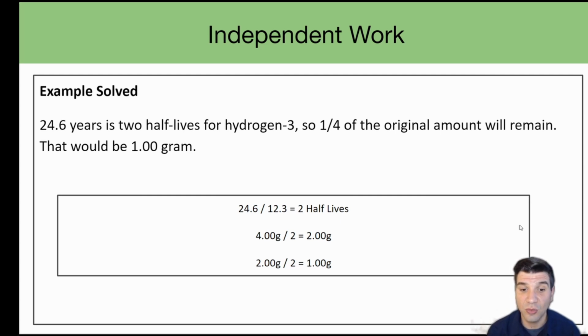Again, that's the total amount of years divided by the half-life gives us the number of half-lives. So here it would be 2 half-lives. So we just have to go through this process twice. 4.00 grams divided by 2 equals 2.00 grams. 2.00 grams divided by 2 equals 1.00 grams.